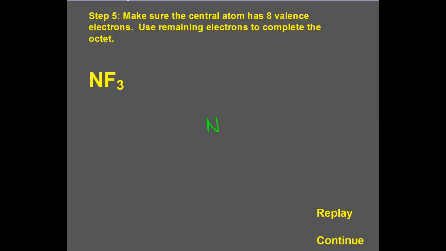At this point, we have a nitrogen surrounded by fluorines, and all of the fluorines have that stable octet, or 8 electrons, in their outermost energy level. And if you recall, we have 2 electrons remaining. Our last point here would be to make sure that the central atom has 8 valence electrons.